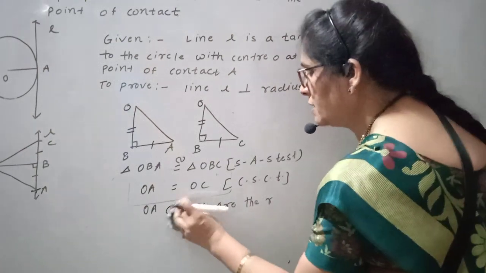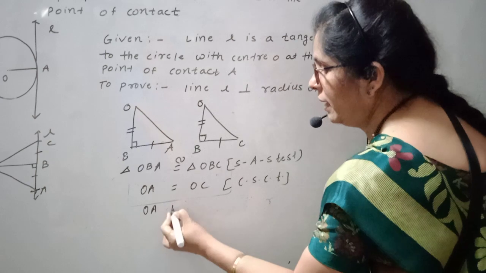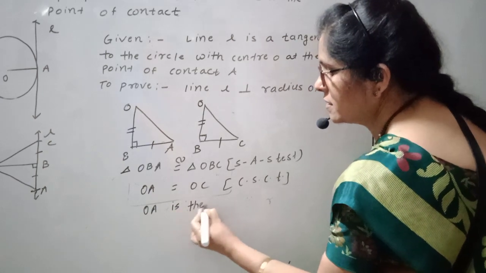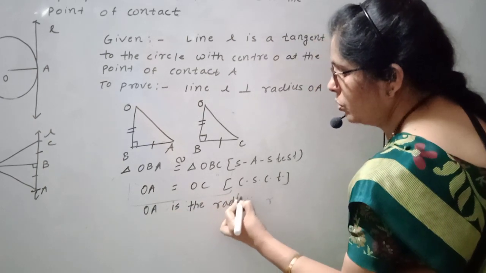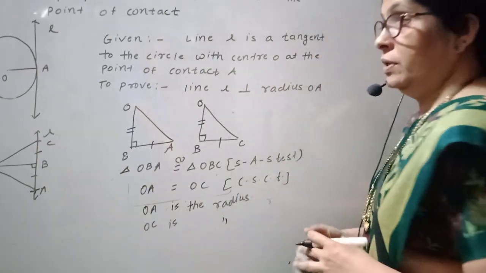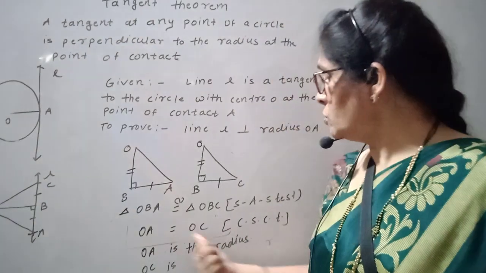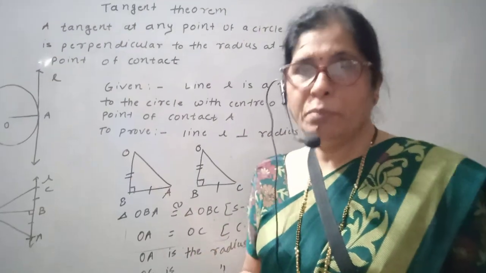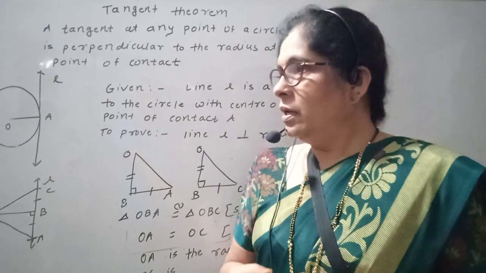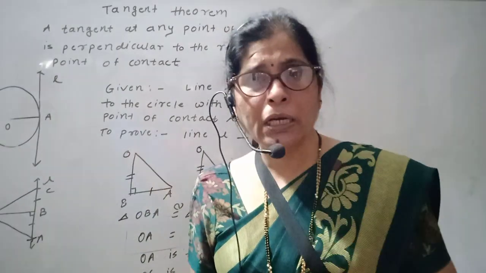OA is the radius, and OC is also a radius because OA is congruent to OC. Means what? The line L is passing through the point C also.